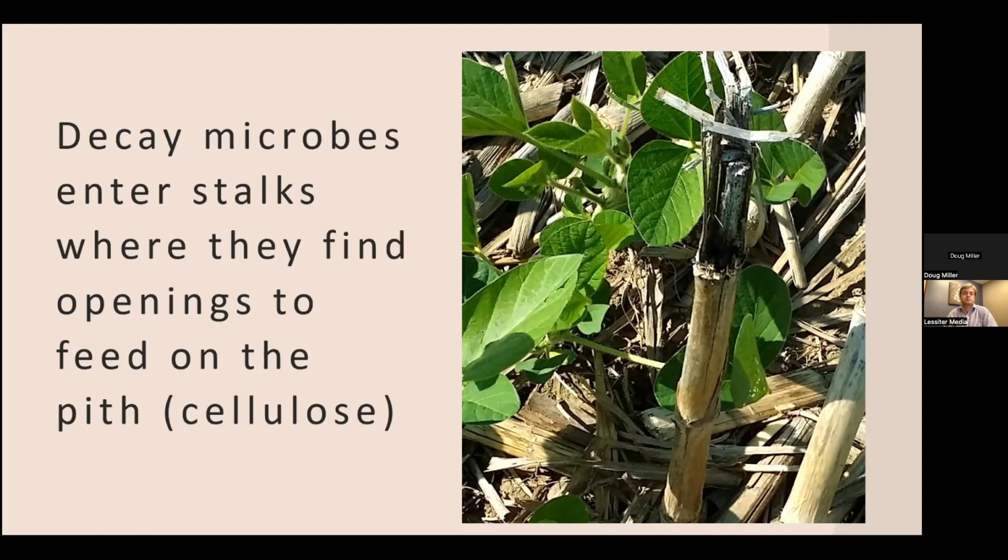So the decision to shred stalks or run vertical tillage or something else is up to you. You have to look at your diesel fuel costs and your available time. Probably is going to be a year by year decision. But the short answer is if you do that, you can help with residue decay by breaking those stalks and providing openings for the colonies to start to form.